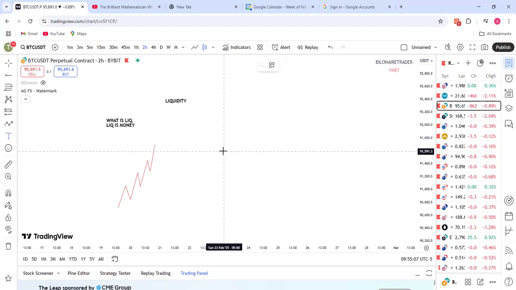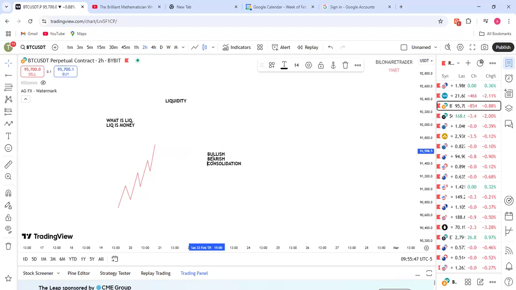We have the bullish or uptrend, then the bearish or downtrend, and then the consolidation. When you say something is bullish, it means it is moving up. When you say something is bearish, it means it is coming down. Consolidation means it is just stagnant, neither up nor down.